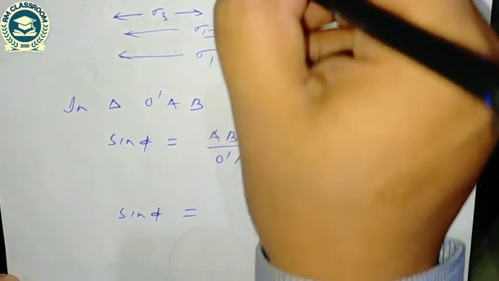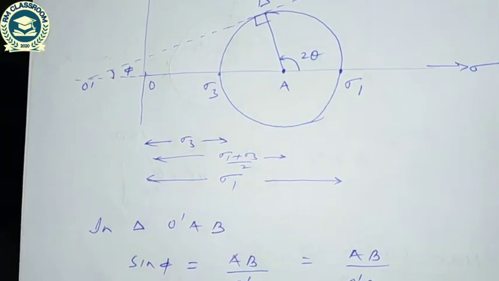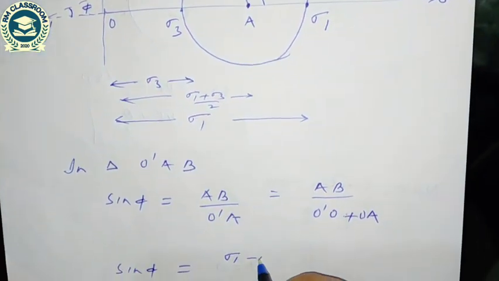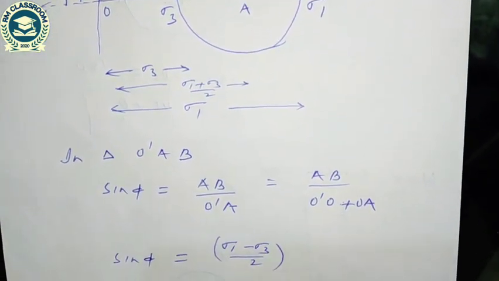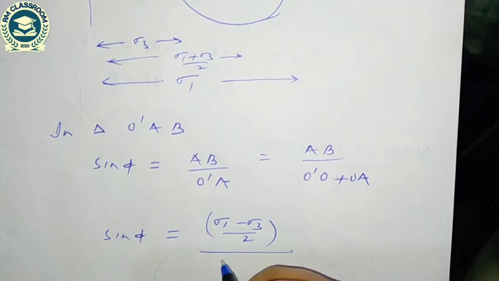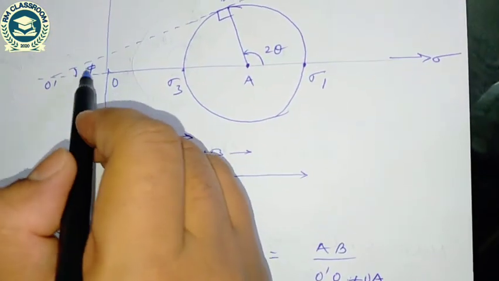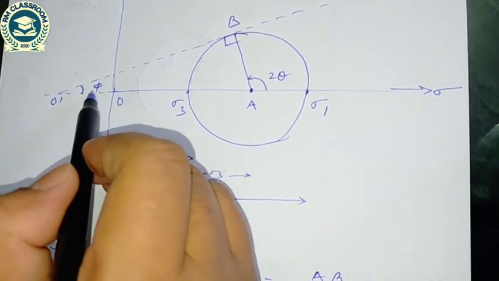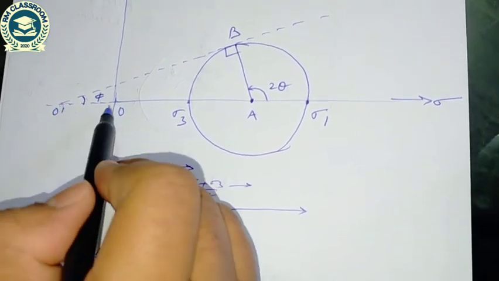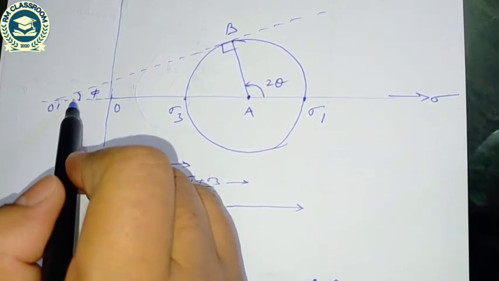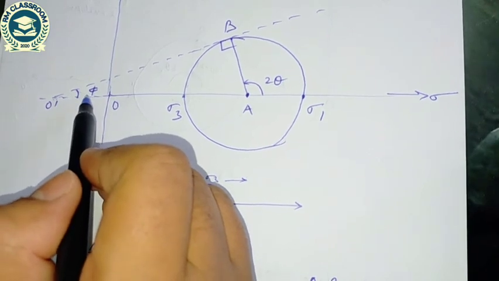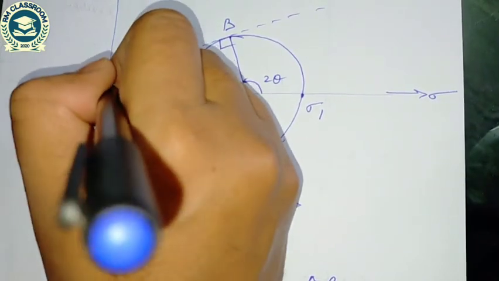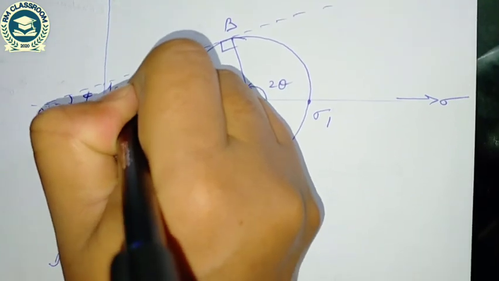So AB is also the radius of the Mohr circle, sigma 1 minus sigma 3 by 2, and O dash A can be written as, if I take this cos phi equal to O O dash by O, so it can be written as C cos phi, because this is C, cohesion.